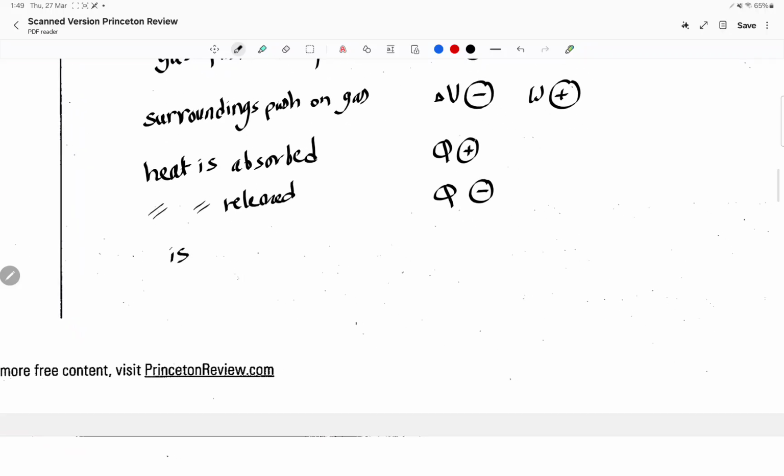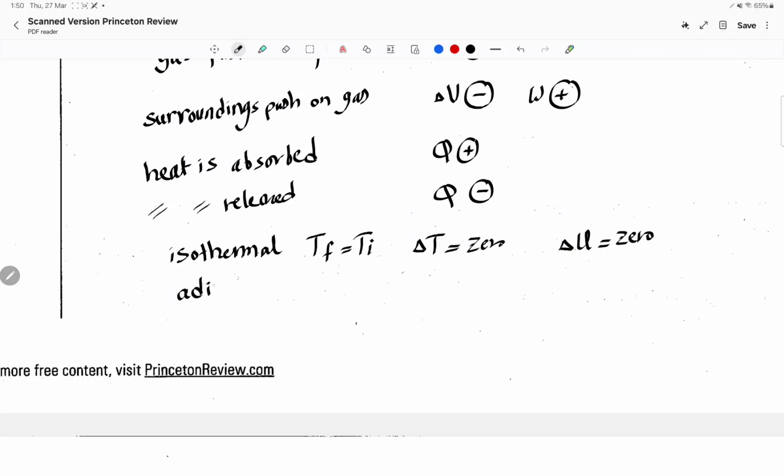So the word isothermal means that T final is equal to T initial. That means change in temperature is equal 0. And that means that delta U, the change in the internal energy, is also equal to 0. Because delta U depends on delta T. If that's 0, that one's also going to be 0.